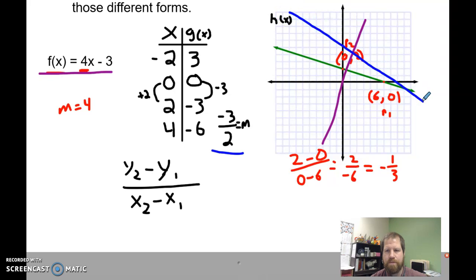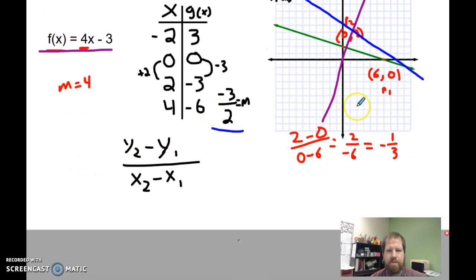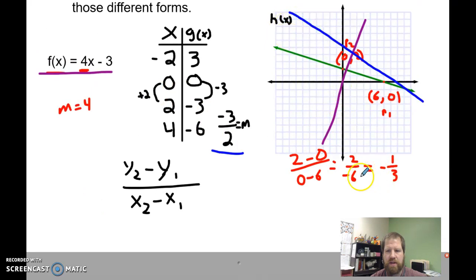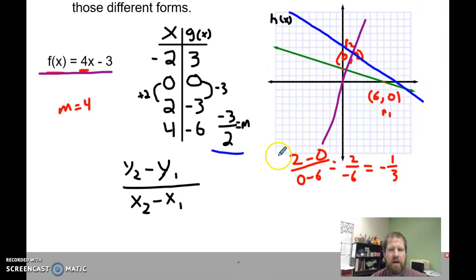That's all I'm really thinking about. I would say f of x has the greatest slope, and h of x has the least or the most shallow slope. Because when we're talking about slope and the steepness of it, we're really talking not about whether it's positive or negative, but kind of the absolute value.